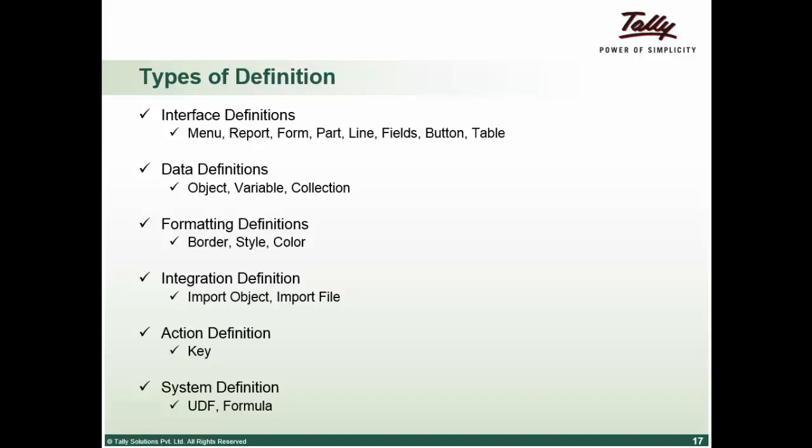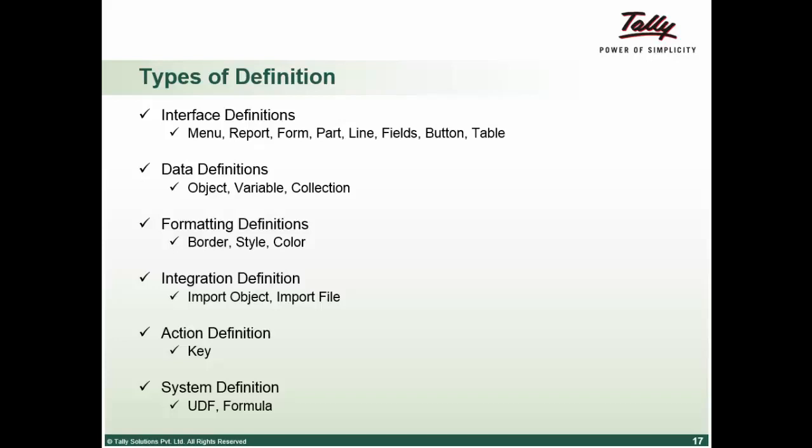The definitions in this category are border, style, and color. Integration definitions, which make the import of data available in various formats, are referred to as integration definitions. We have import object and import file under this category.